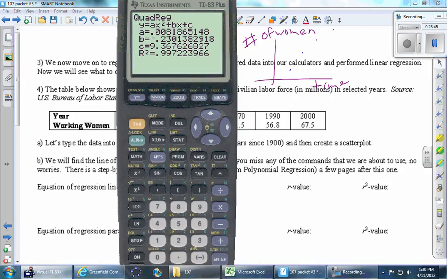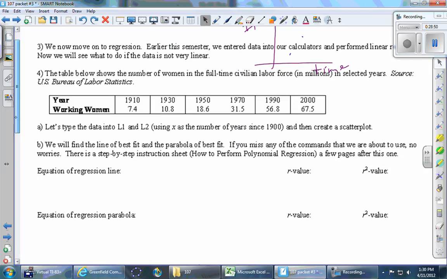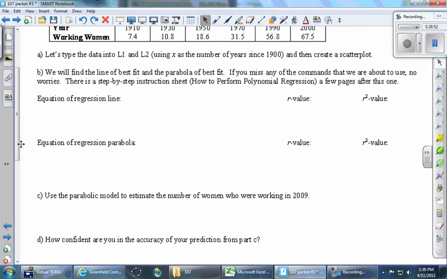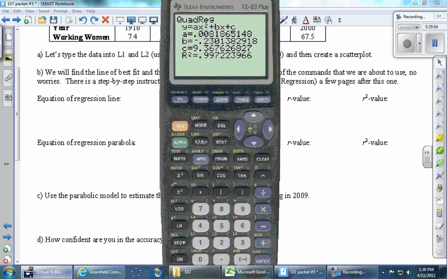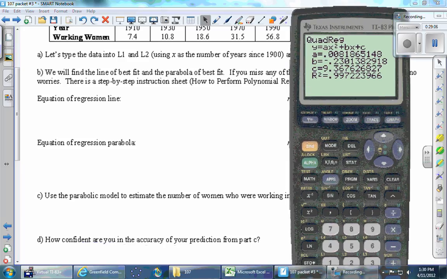Okay, so let's see if we can't start filling in some of the blanks here. We're going to skip past the equation of the regression line because we've done that before. I want us to write the equation of the regression parabola. So we're just going to grab that off of this screen right here. We just need to know what we're looking for.